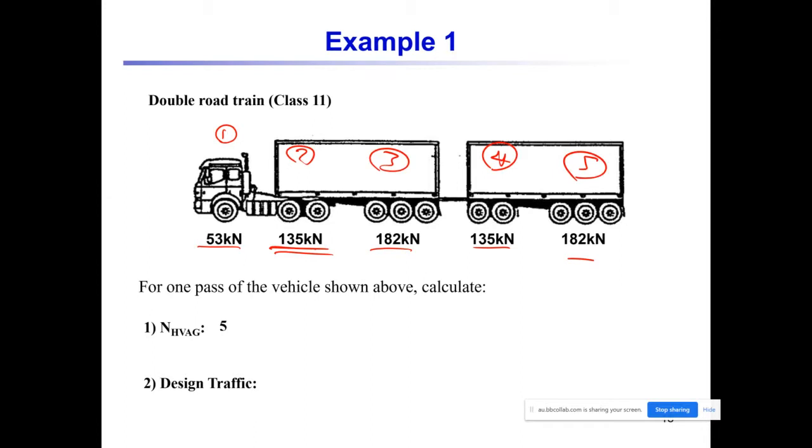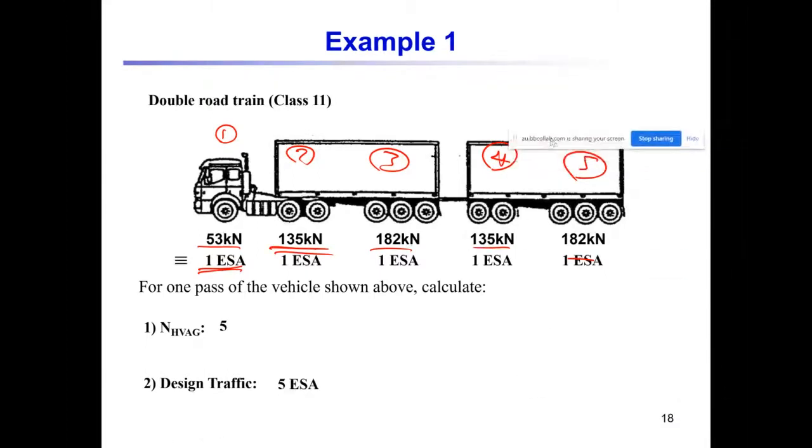Now we want to determine the design traffic for the case that we have just one pass of this vehicle. Let's assume this vehicle passes through the road just once. Since all of them are equal to one equivalent standard axle, the design traffic becomes equal to 5 ESA.